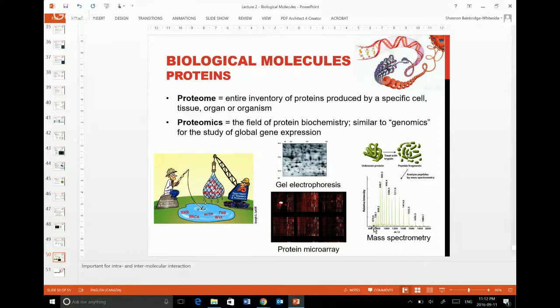And you can compare, if you wanted to, a healthy organ to a diseased organ. There's a variety of different methodologies that allow us to do proteomics. So gel electrophoresis or microarrays or mass spec are some of the more common ones. But the textbook really goes into a lot of detail on the methodology. We do a little bit of proteomics in my lab, and when we give you the lecture on the research going on in our lab, we will touch a little bit on some of the proteomic methodology.